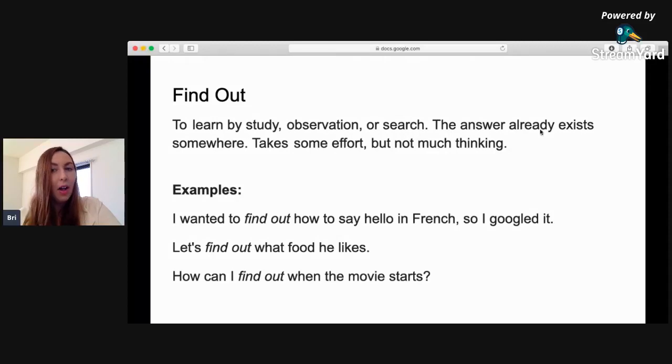The answer already exists somewhere. It takes some effort, but not much thinking, okay? So maybe the effort is Googling it or asking someone, calling someone. Takes a little effort, but you don't need to really think about it, right?